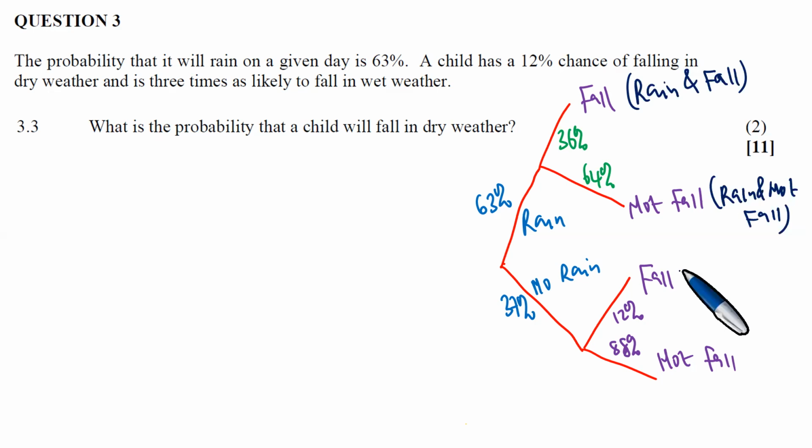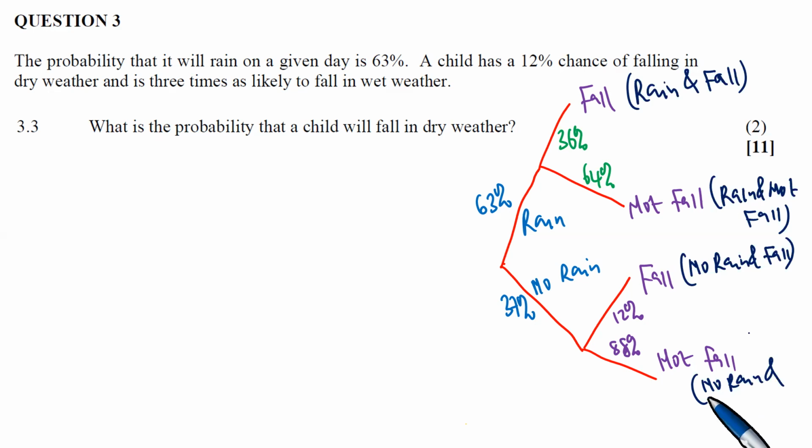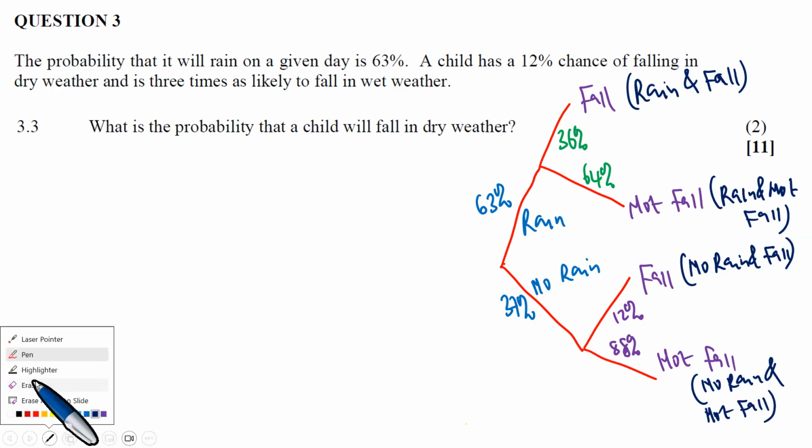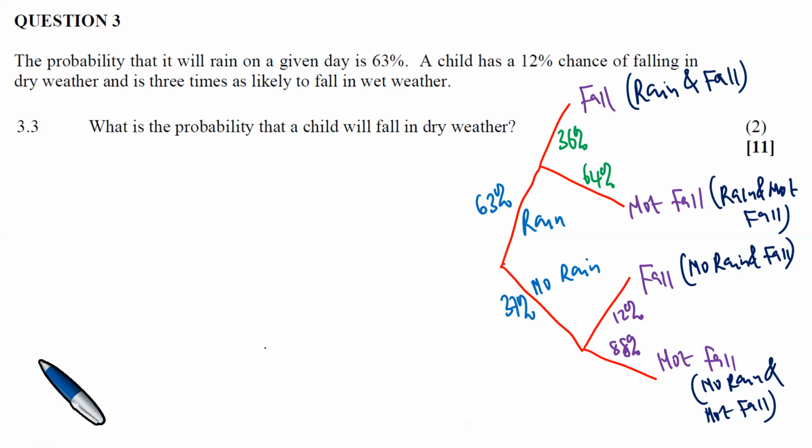In another situation there is no rain and the child falls. And you can have no rain and the child does not fall. Okay, we have an idea of the tree diagram there.